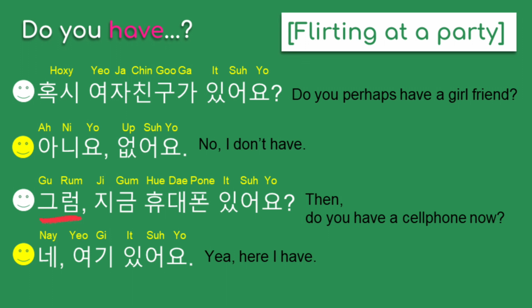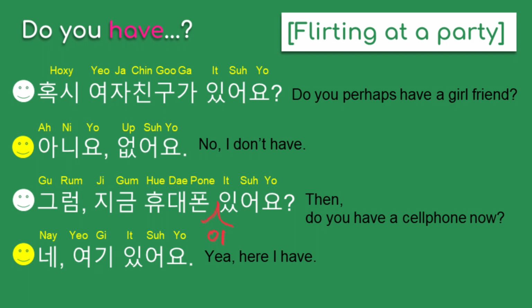그럼 means then. 지금, now, right now. 휴대폰 있어요? 휴대폰 is cell phone. And did you guys notice that I didn't put 이 after 휴대폰? I didn't say 휴대폰이 있어요. I just said 휴대폰 있어요. So now you know, you don't have to put 이 or 가 to ask 있어요 or 없어요.